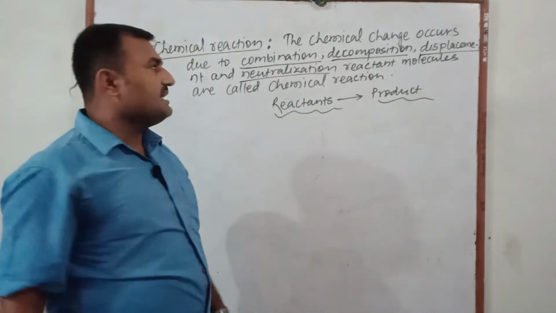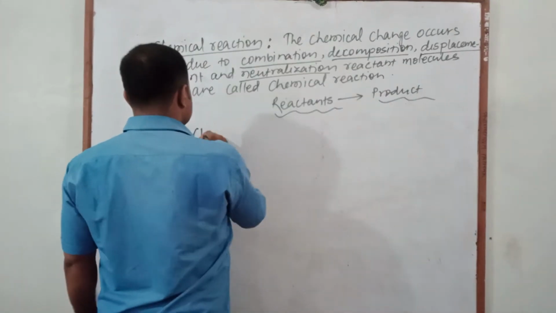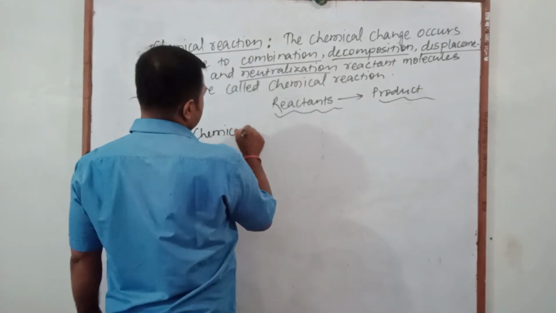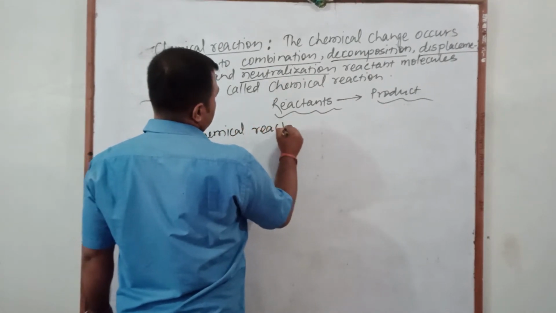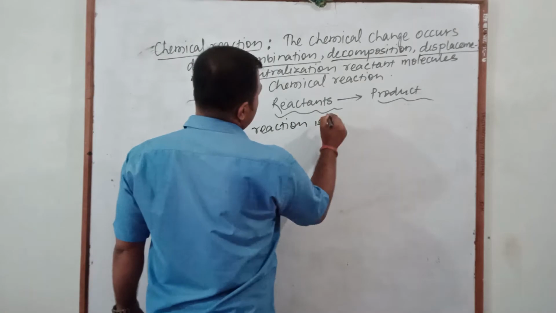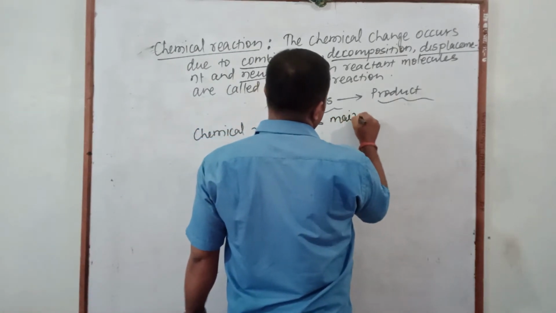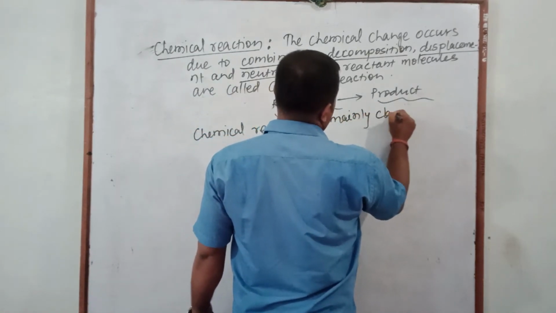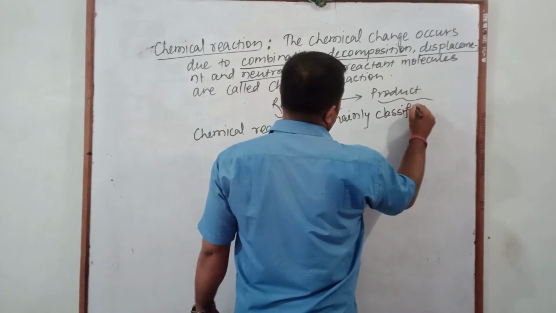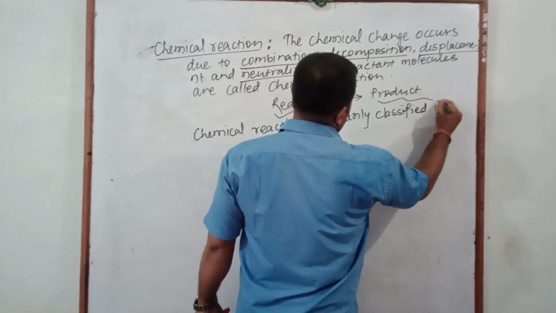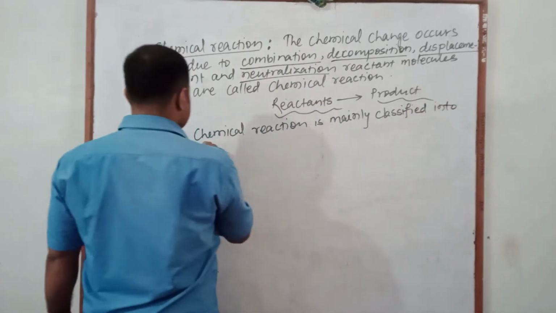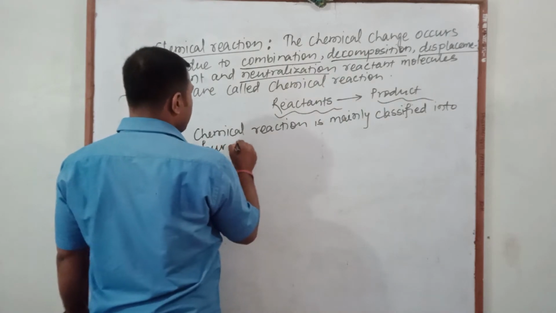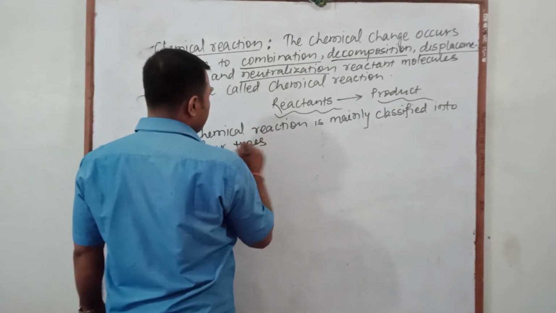In this way, chemical reaction is mainly classified into four types, and here we write the common four types of reaction.